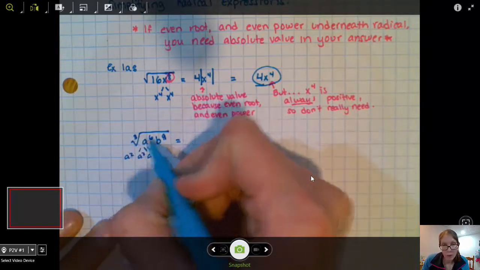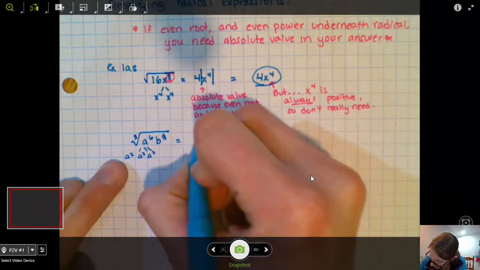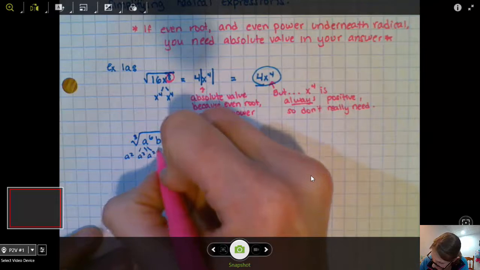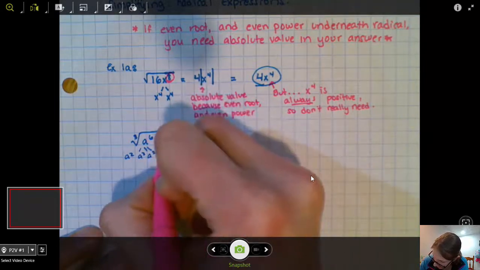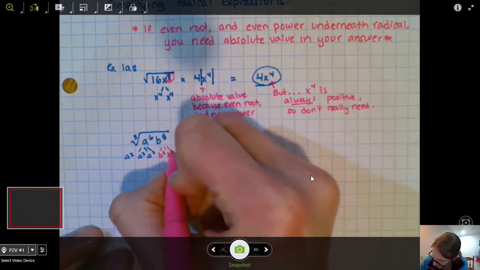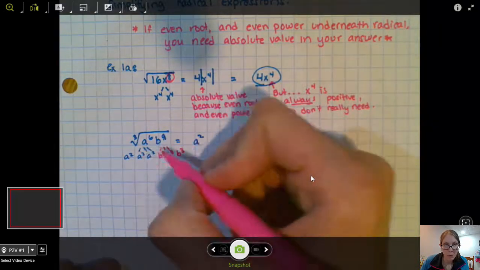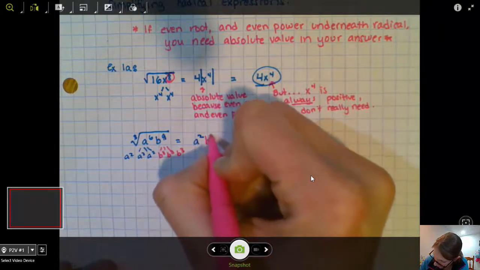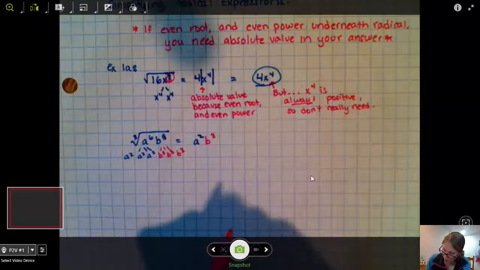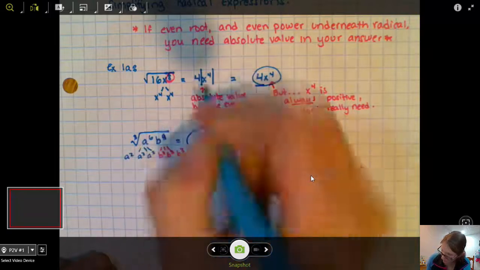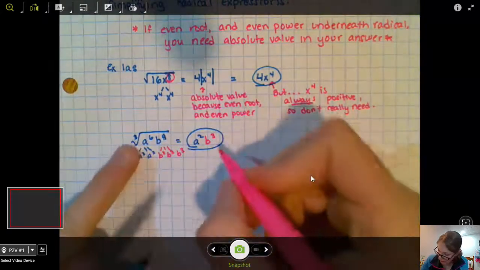So the cube root of a to the 6th is a squared. b to the 9th is b cubed times b cubed times b cubed. So the cube root of b to the 9th is b cubed. And we don't need absolute value here because I had an odd root to begin with.